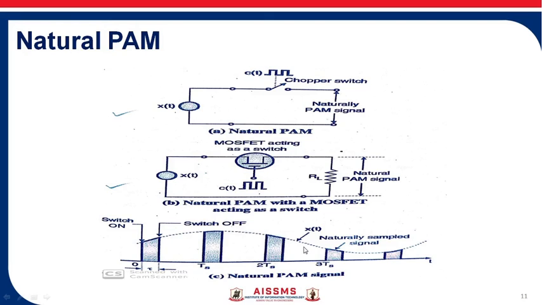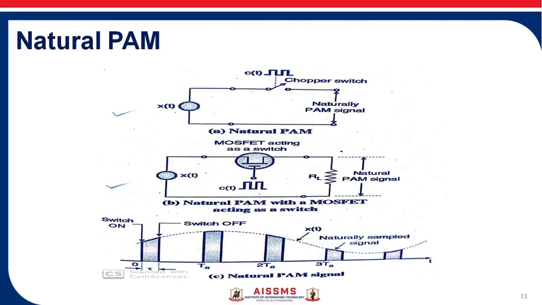In this way, the signal which you get at the output is called the natural PAM, and the amplitude of that natural PAM signal is the same as the amplitude of the modulating signal, and it follows the modulating signal amplitude for that particular time duration only.